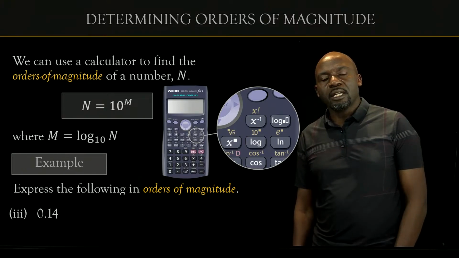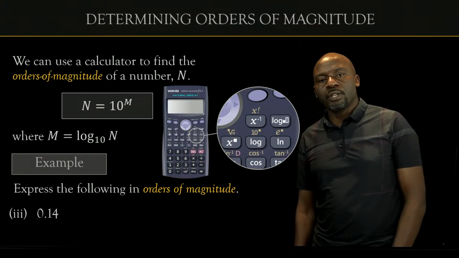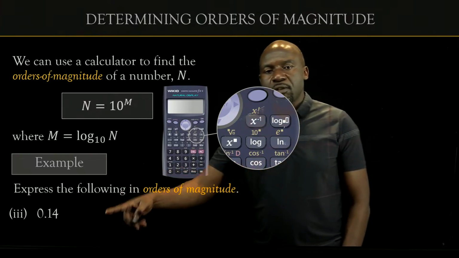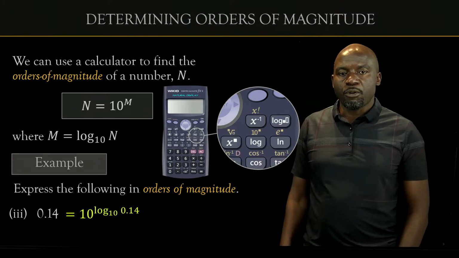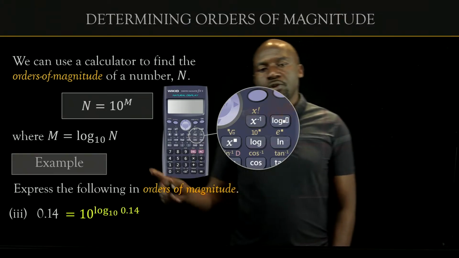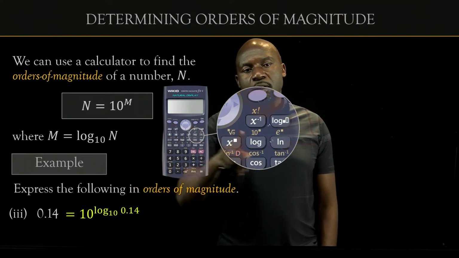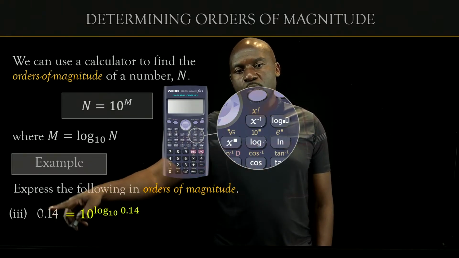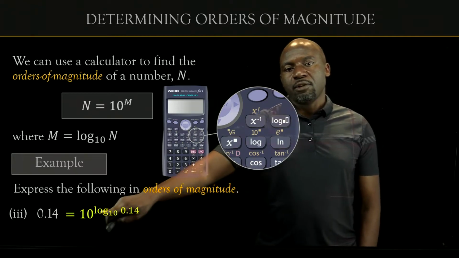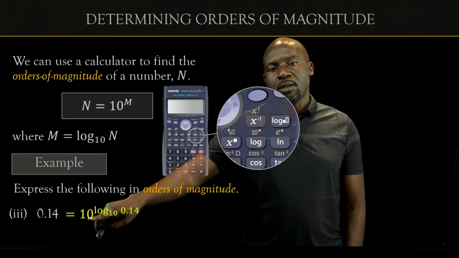Okay, let's see another one, 0.14. So to do that, we will express this as 10 to the power of the log to base 10 of 0.14. So what you want to do is go to your calculator and type log, press that, and then enter this data here, 0.14, and whatever you get, you're going to put it as the power of 10.